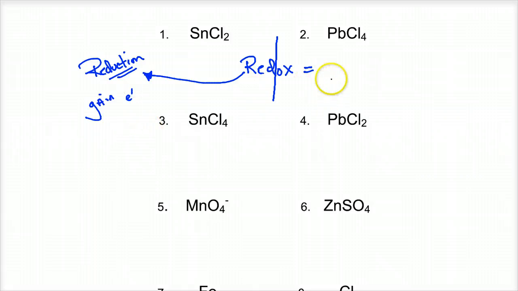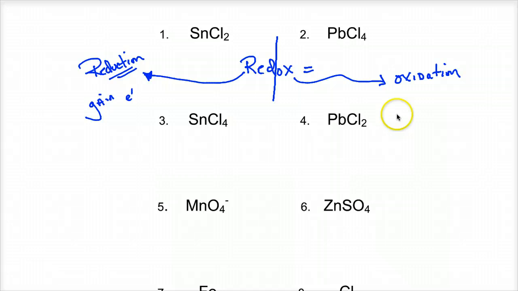All right, and oxidation, or the ox, is an older name that we've used, which means losing electrons, and it comes from the action of oxygen on other compounds.